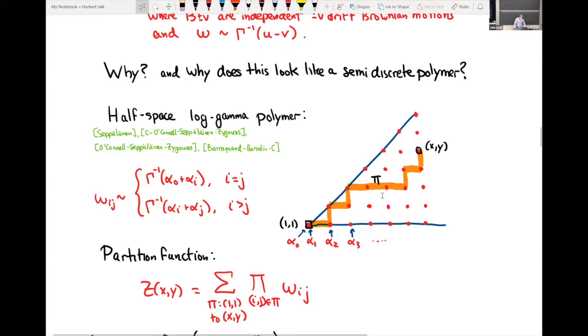These are the red dots. At each of these red dots, I choose an independent random variable with a very specific distribution. On the diagonal, they're distributed as the inverse, so 1 over a gamma random variable with parameter alpha naught plus alpha i. And in the bulk, away from the diagonal, alpha i plus alpha j are the parameters.